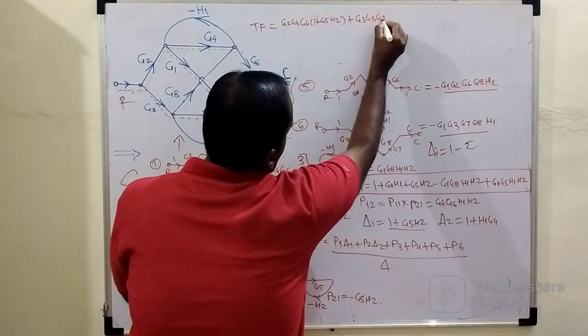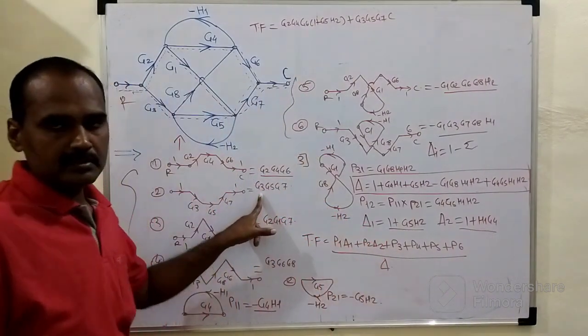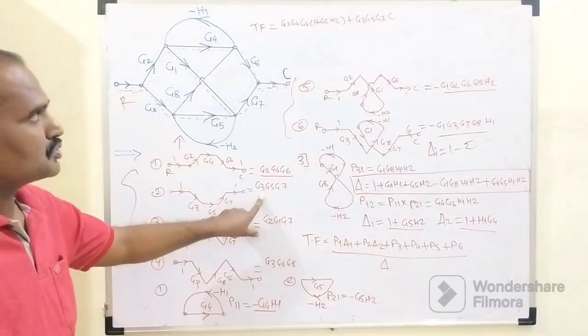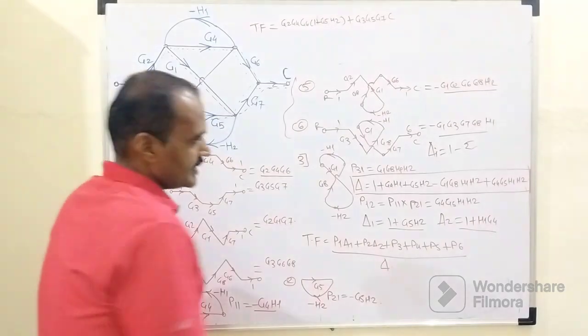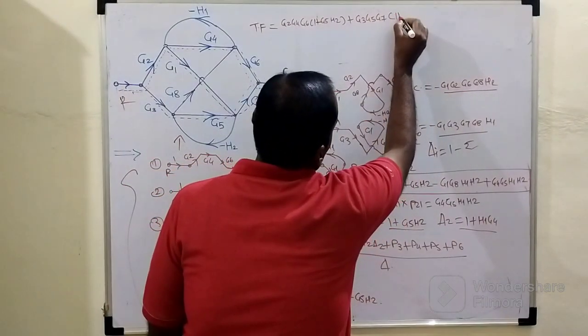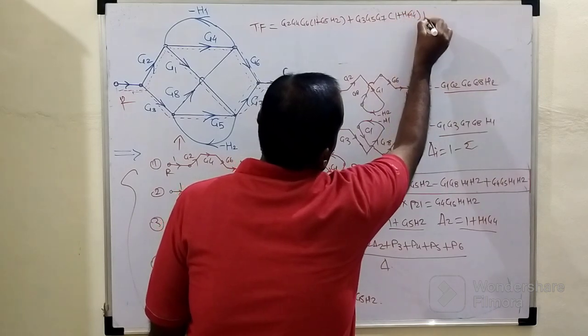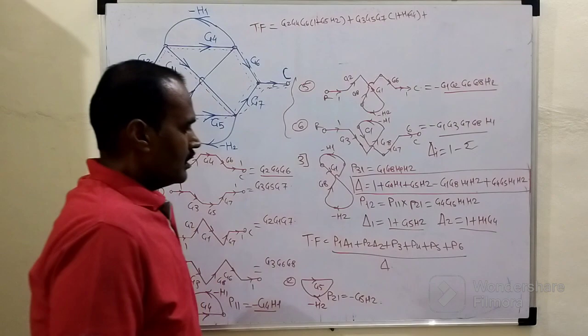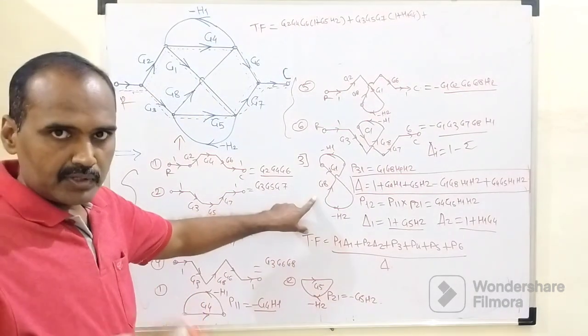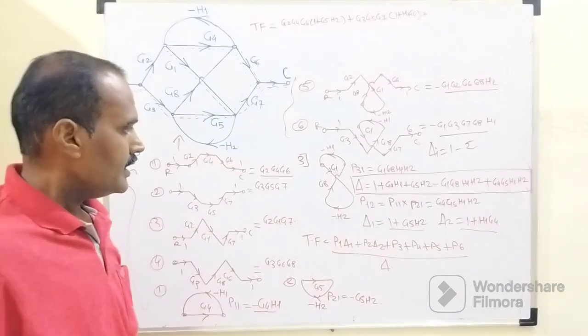G3 G5 into G7 into delta 2, the 1 minus summation of loops which will not touch forward path number 2, which, as already tabulated, equals 1 plus H1 times G4. Now delta 3, delta 4, delta 5 and delta 6 all equal 1.